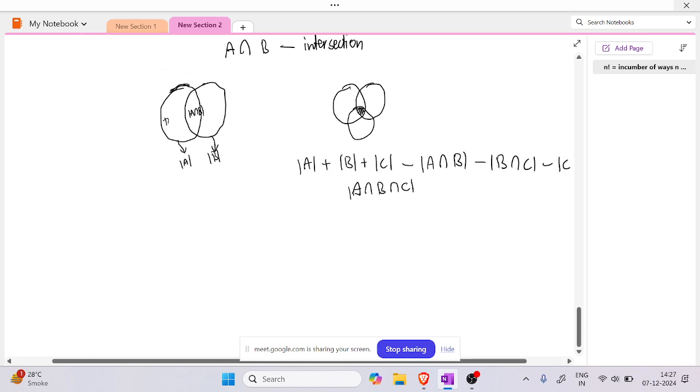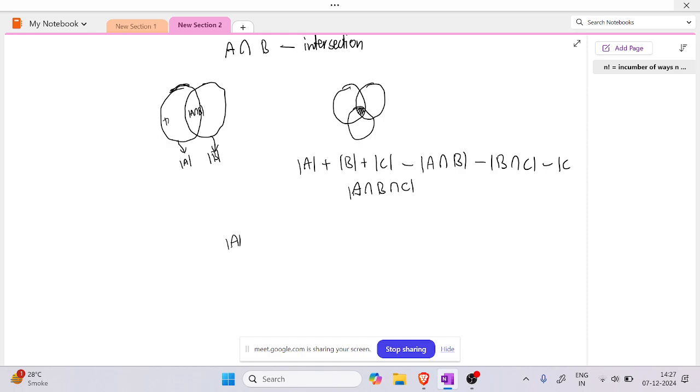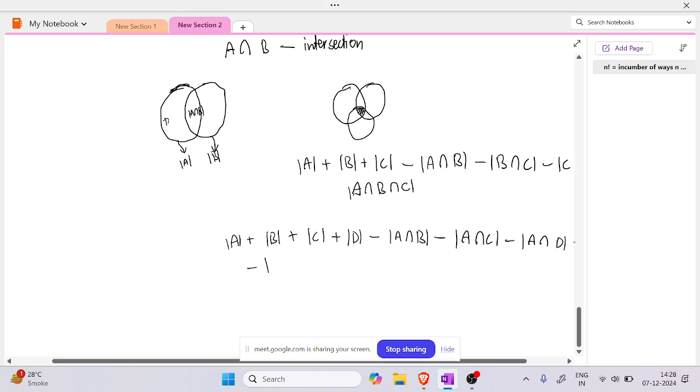And the general principle of inclusion and exclusion, I think, is fairly clear from here, where you have alternating pluses and minuses depending on the cardinality of the intersection you are taking. For example, the four variable version is something like this. Basically, in the case of even cardinalities, you will subtract, and in the case of odd cardinalities, you will add.